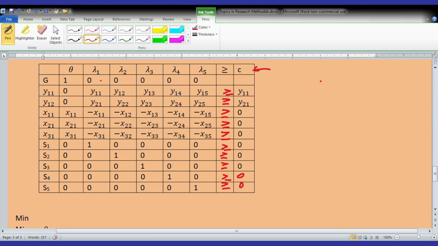Each row will be representing a row in the dual, and each row of the dual will be obtained by multiplying the corresponding variable in the first row with the coefficient which is existing in the corresponding column. So for example, side by side see where this row is coming from, 1 0 0 0 0 0.